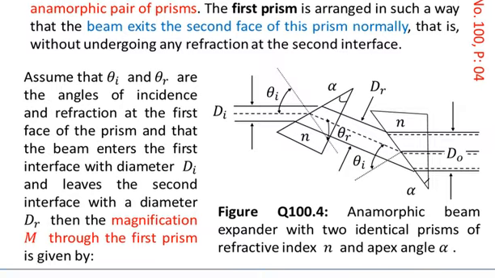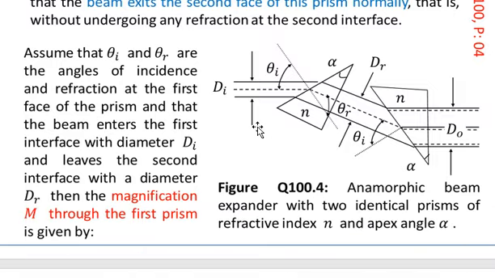So you can see from the figure that this is the incident beam of diameter d1 from the single strip diode laser, and this is incident at an angle theta I. You can see that this beam makes an angle theta I with the normal to the first surface of the prism, and then the beam is refracted inside the prism with an angle of refraction denoted by theta r.